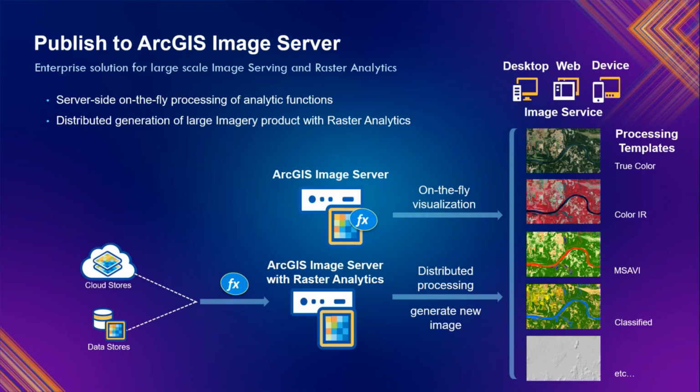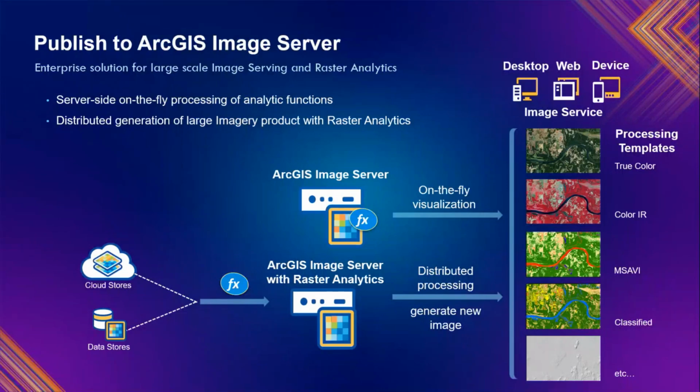If you have ArcGIS Enterprise, you can get ArcGIS Image Server, and that then performs imagery or tiled imagery. And so we sometimes refer to this as on the fly processing of the data. So the server is actually processing data as it's being accessed and generating the different products, which can be accessed by web applications, desktop applications, or different devices.